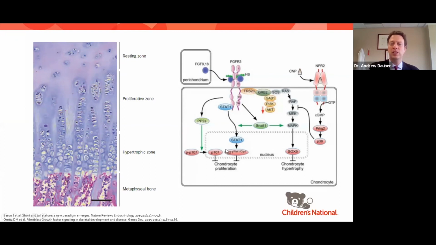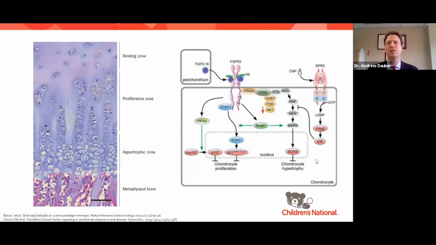So you might notice that there are some other parts of this pathway that might look familiar to you. So this RAS, SOS, RAF part, those are key molecules, or part of the key molecules, in Noonan syndrome, and in a class of disorders called RASopathies, which we'll come back to. But now I want to draw your attention to the top right, to this CNP-NPR2 component.